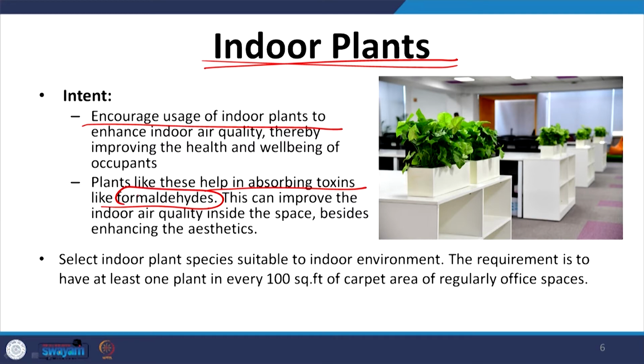So, specific prescriptions on the types of plants which shall be planted indoors are also available, and we have to select the plants carefully. But whatever the plant is, the overall ambience of the space also changes, and it has a soothing effect, a betterment effect on the health and well-being of the occupants. So, the intent is to maximize the use of indoor plants in the building interiors.